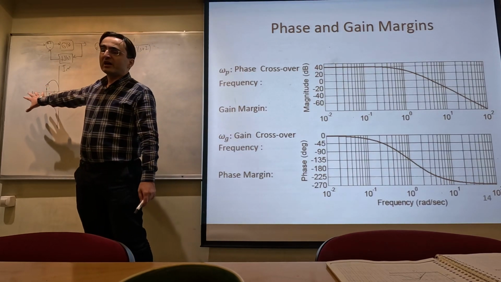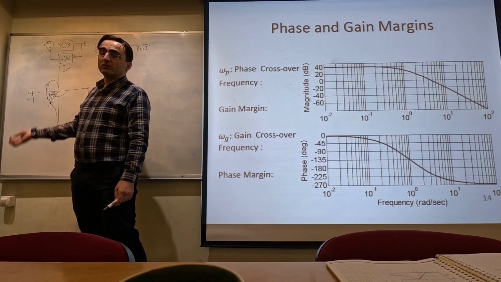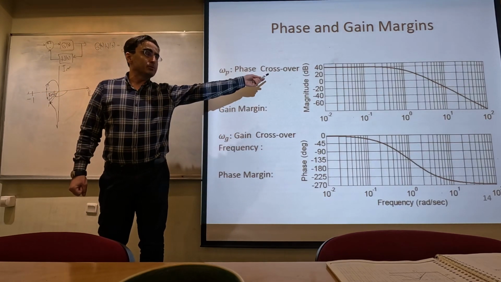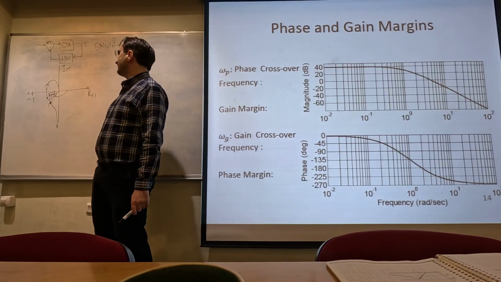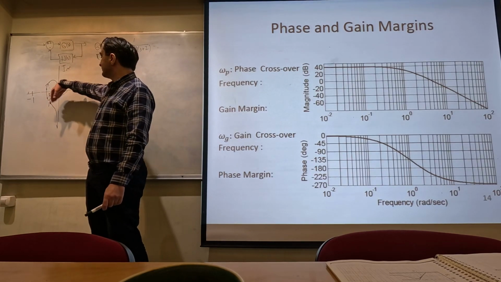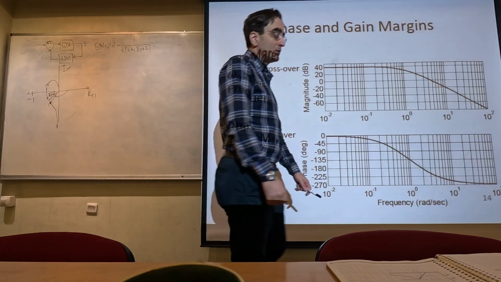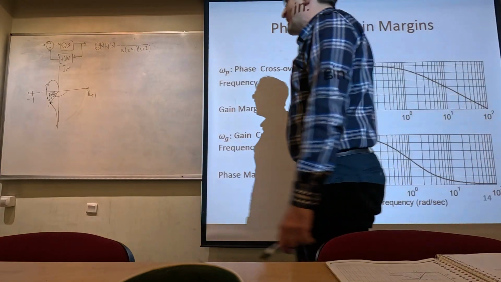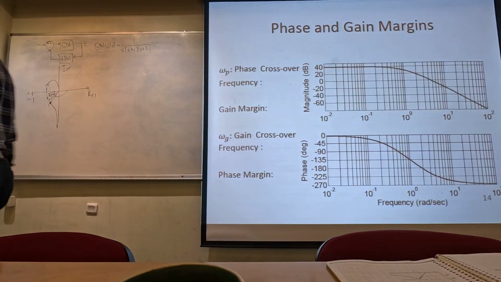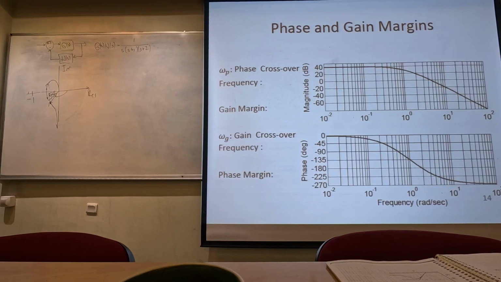But we can draw the same thing by taking the logarithm of the magnitude, plotting the magnitude in dB scale like this, and drawing the phase in a separate plot like this. Remember, we have defined some specific frequencies that are important for us. For example, the frequency at which this polar plot intersects the negative real axis is really important.